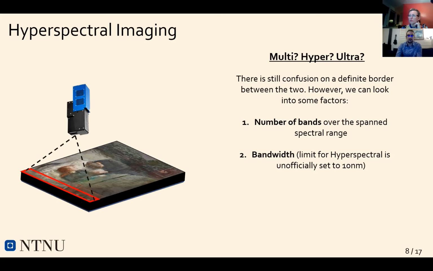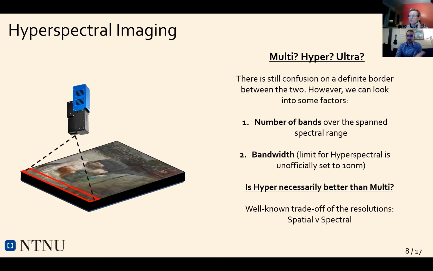And then also we will ask, is hyperspectral always necessarily better than multispectral? Of course, it will provide us a lot more information because we will be able to sample the spectrum at a higher frequency. But due to the construction limits, we cannot have the same resolutions.